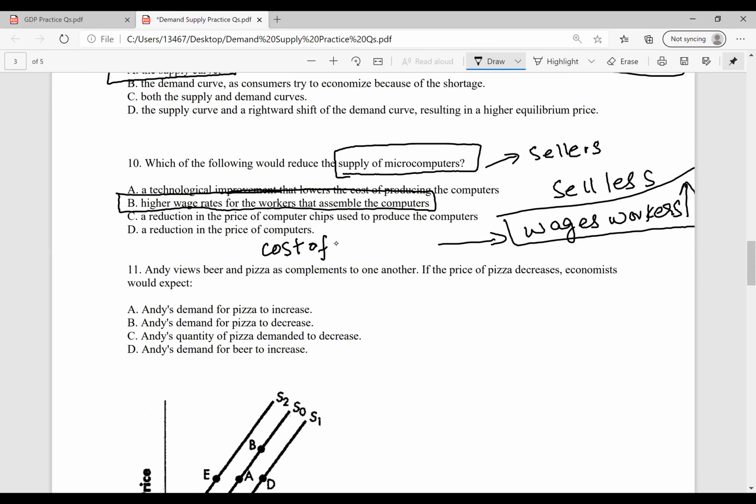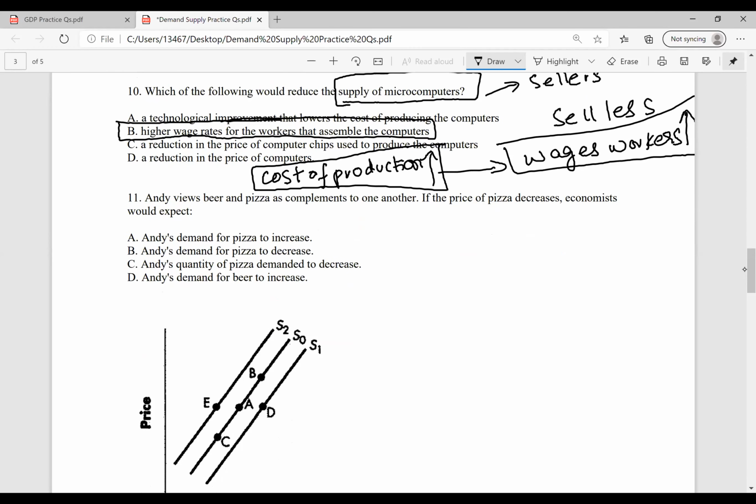So the cost of production increased. If the cost of production increases, sellers are going to sell less of the product. Okay.